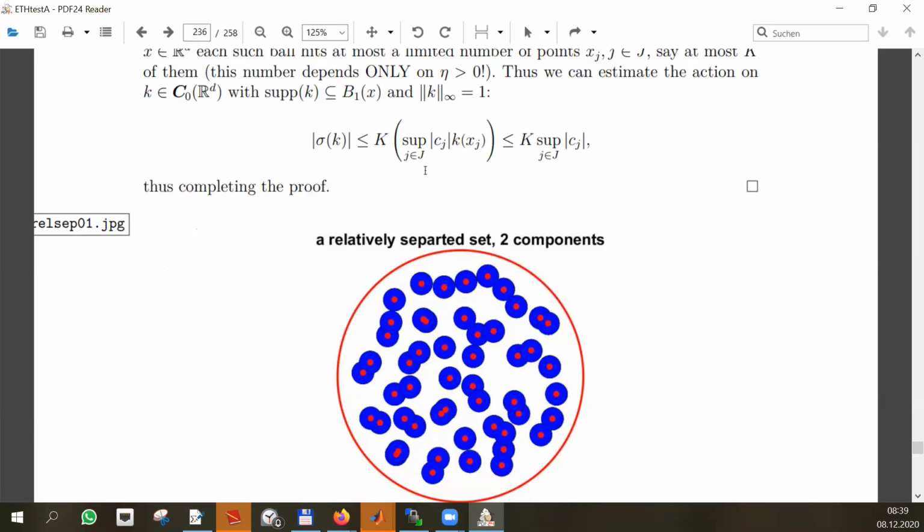So what you pick up is exactly the absolute value of Cj times, maybe you should write, the absolute value of the function k, that is this atom. But an atom can be controlled by the sup norm, and let's say for the test case, we would choose this to be norm 1. So each atom is a function living on a red ball with sup norm 1.